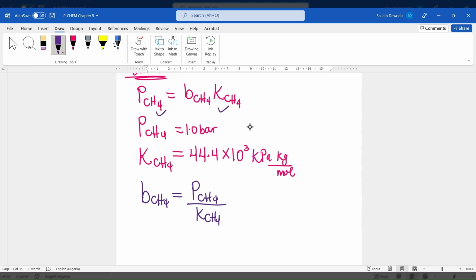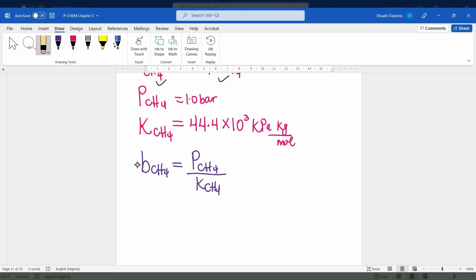But before we substitute, let's not forget that we have a situation where the unit for pressure in one value is in bar, the other value is in kilopascal, and we need our answer to be in the proper units in order for us to properly solve what we're solving. So I am going to convert 1 bar to whatever the value is in kilopascal.